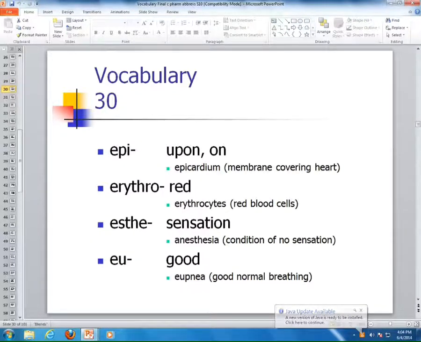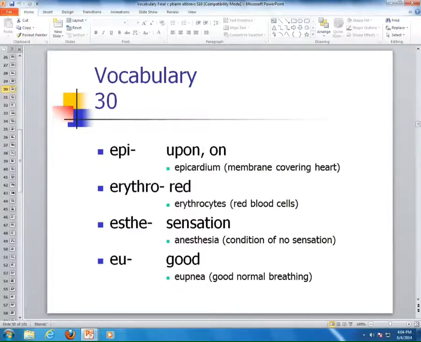Epi, on or upon. The epidermis is on the dermis. In lab next Monday, we'll be discussing the epiphysis, which is on the growth plate. So you'll see epi in a few places. Erythro, red. Erythrocytes are your red blood cells. Esthesia is sensation. Anesthesia, a lack of sensation, a negating term. And then eu, good.